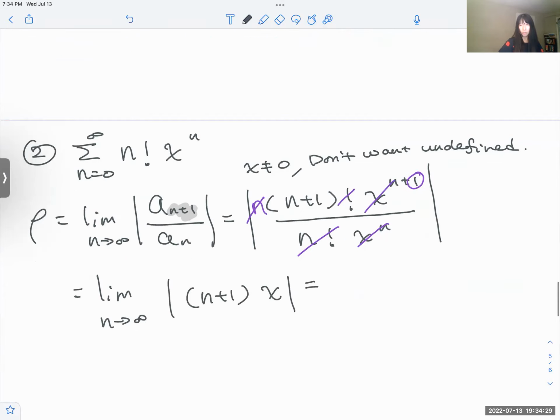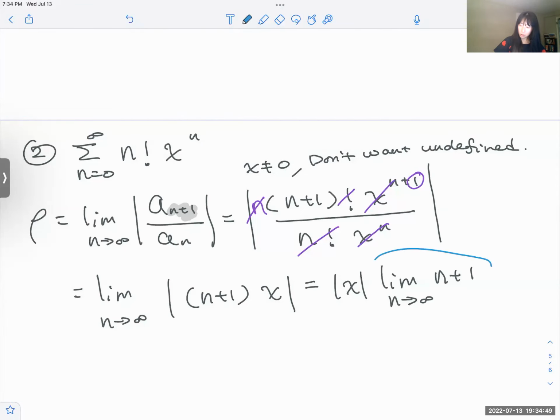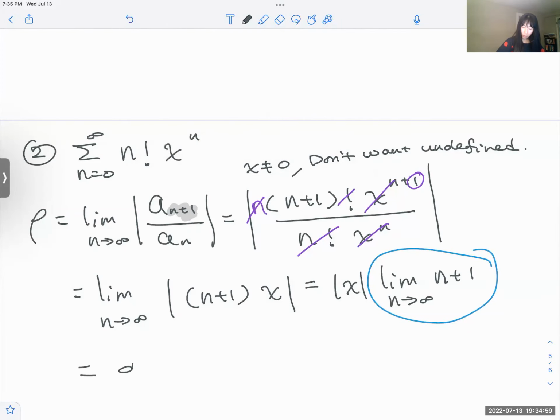Now we take the x out from the limit. So we have x times the limit as n approaches positive infinity of n plus 1. So what is this? Infinity. Yes, it goes to infinity. So we say that this is infinity. Then by the ratio test, it diverges, right?